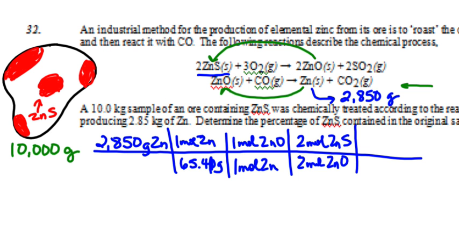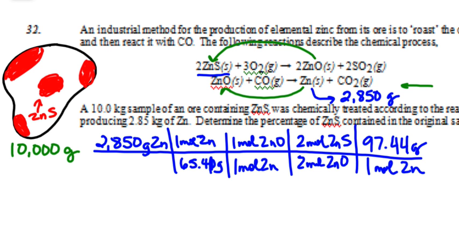And then how do I get to grams of zinc sulfide? For every 1 mole of zinc sulfide, I have, quick, 97 point what? 44, thank you. 97.44 grams. So tell me my grams of zinc sulfide that had to be there to make that much zinc.